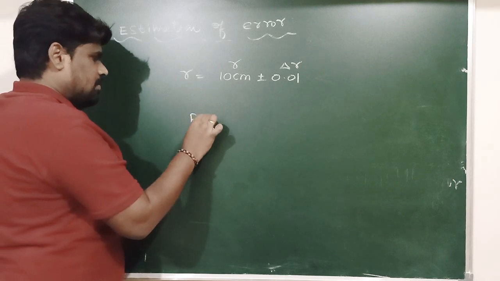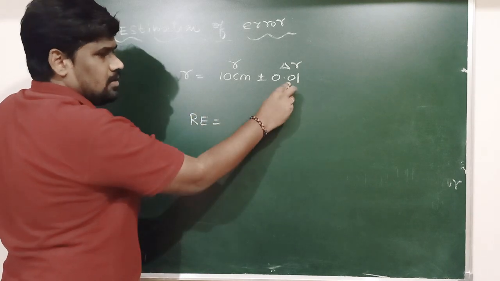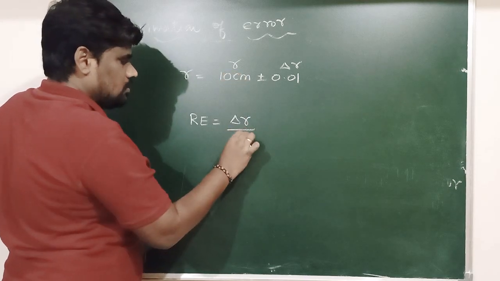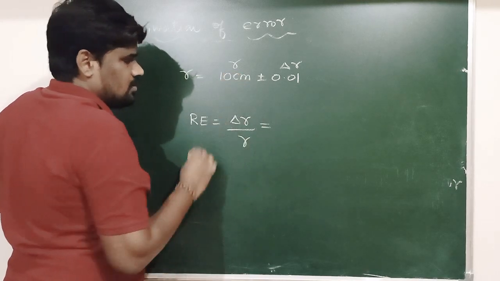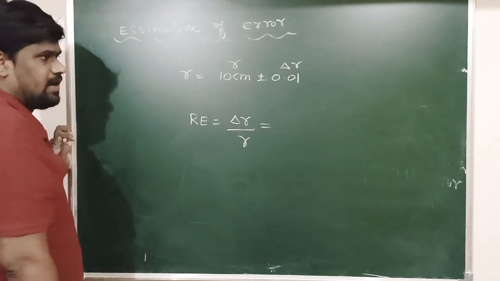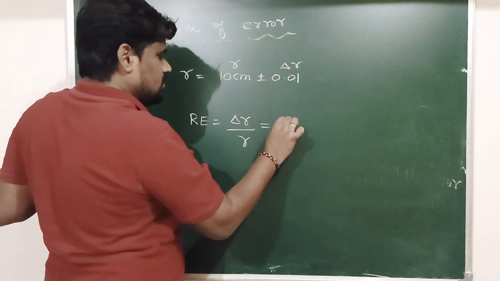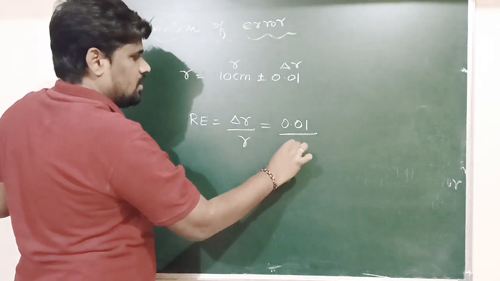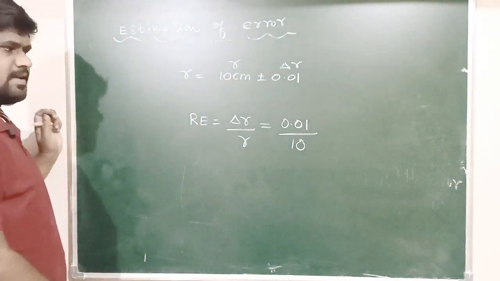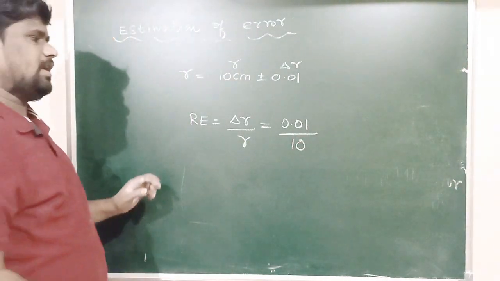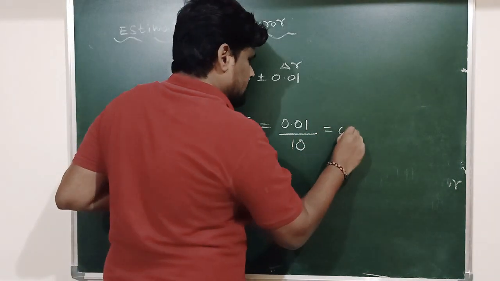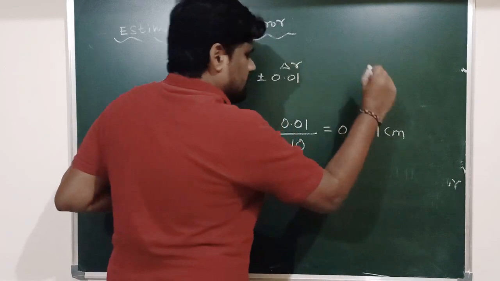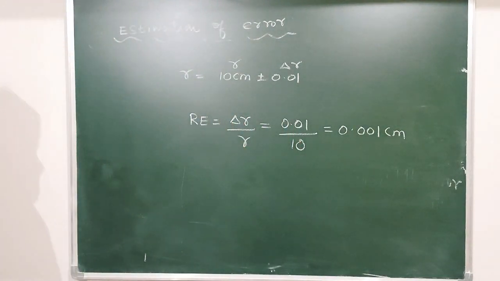The relative error is given by the absolute error divided by the true value, delta r divided by r, which is 0.01 divided by 10. So the relative error is 0.001 centimeter.